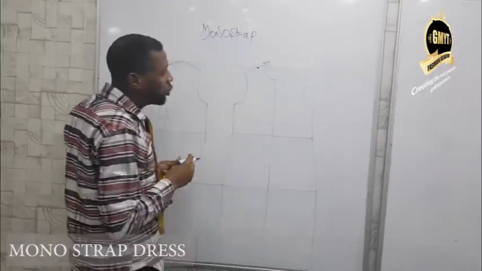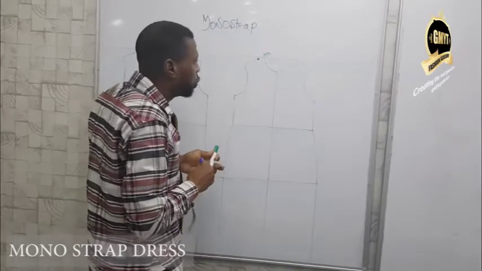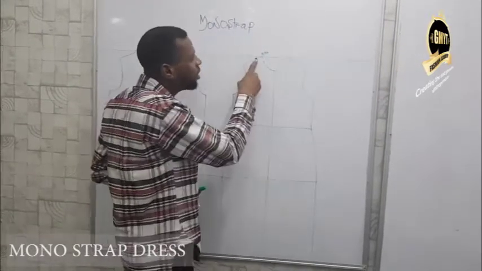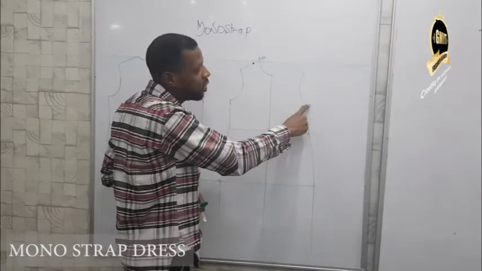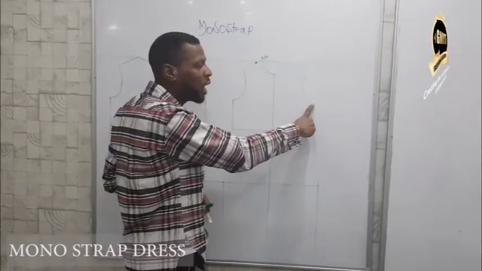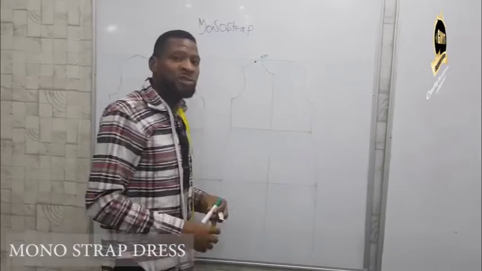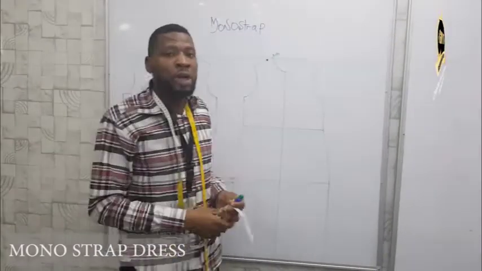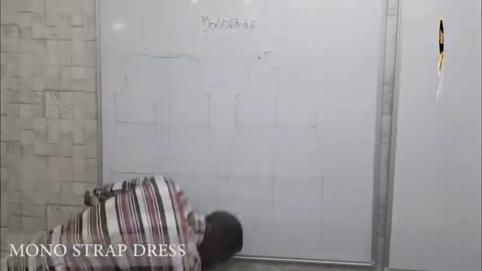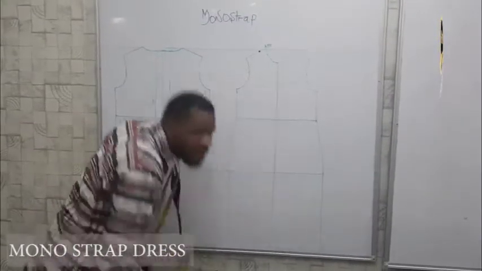Once you have done your 3 cm, the next thing you need to do is to connect whatever neckline you have decided on to the armhole point, to the end of the armhole or the underarm. But it's very important that you can also create ease of connection on the underarm area if you desire.